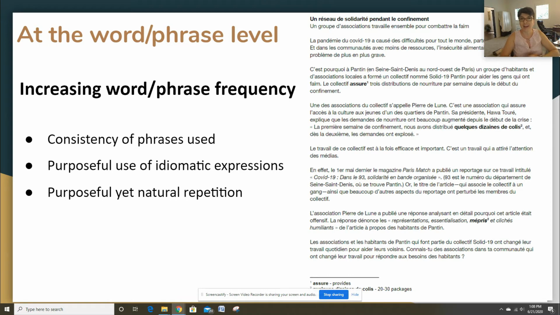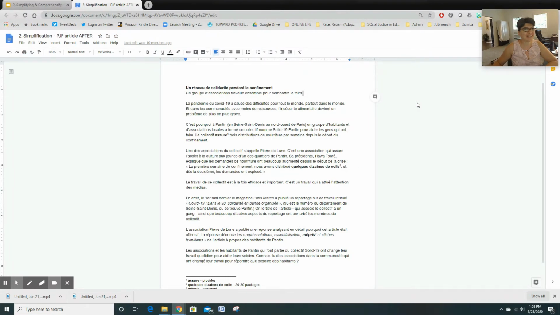So now I'm going to dive into the actual article and start editing. Join me. So here we are. Let's start with the title. Un réseau de solidarité pendant le confinement. I already explained during the presentation that un réseau was definitely low frequency for this article, and therefore I'm going to remove it.